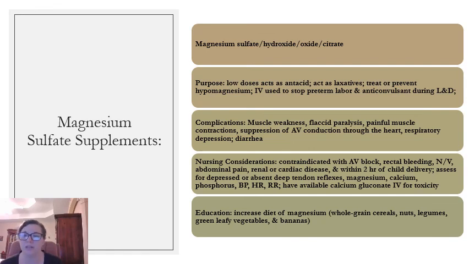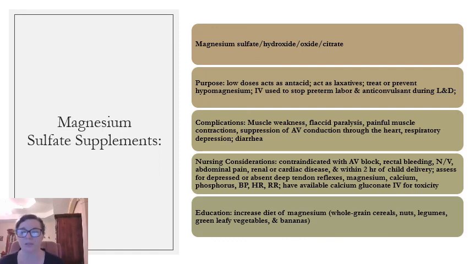Don't want to use it in patients with rectal bleeding, nausea, vomiting, abdominal pain, renal or cardiac disease, or within 2 hours of child delivery, which is weird because we might give it to stop preterm labor, but if they continue to have their baby, it doesn't stop preterm labor, and they have a preterm labor, then it just happens. But we hope to not have it within 2 hours of child delivery because it can move on to the newborn and have other complications we'll get into in mother-baby time. So it's a little weird.